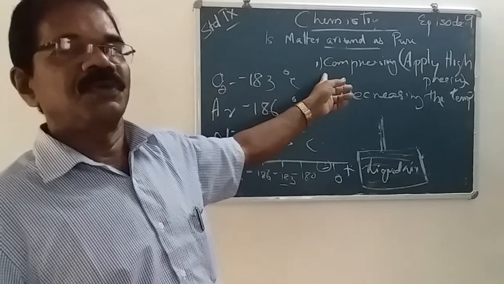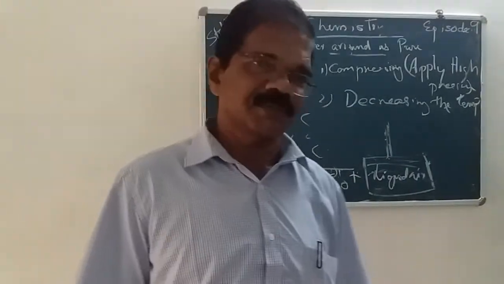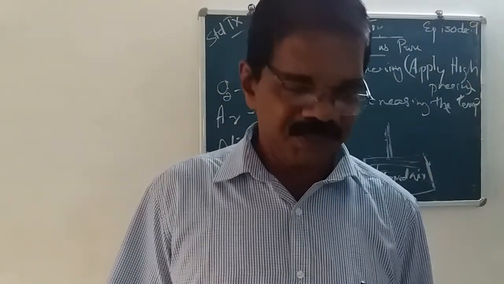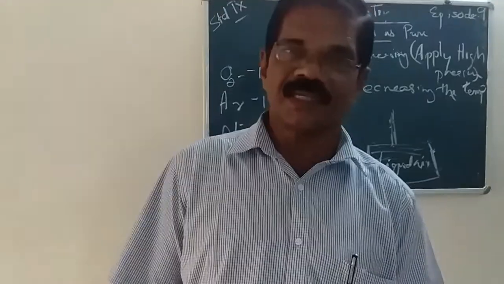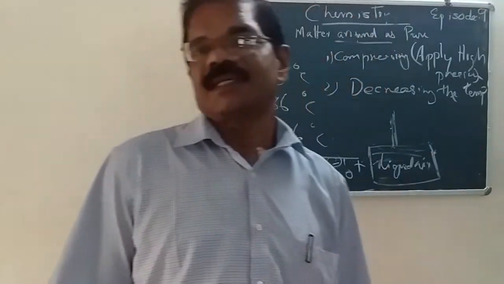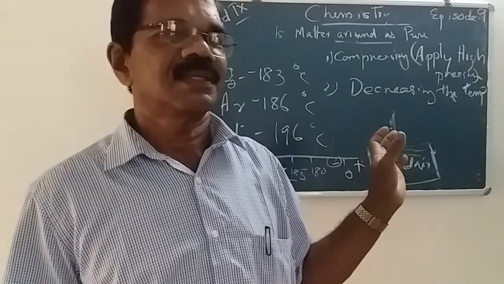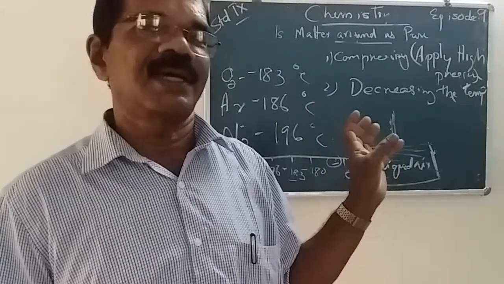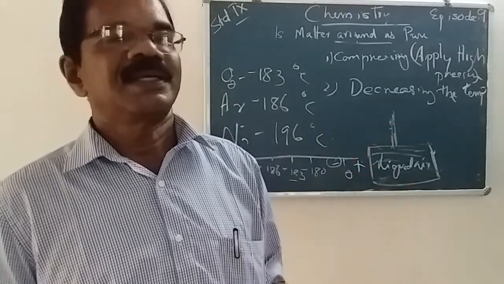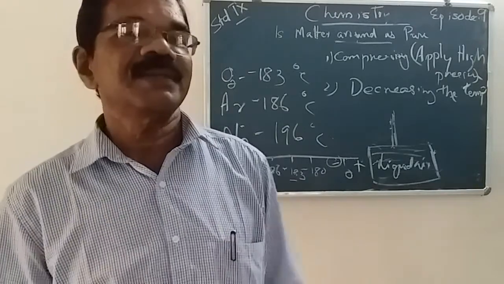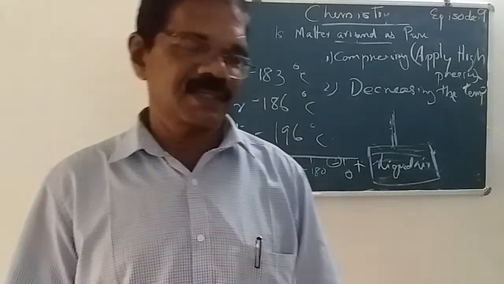So you have to learn the different techniques for the separation of the components of a mixture. We can wind up today's lesson. You must write down these techniques, examples, and the property of the component that is used for selecting that particular method. So read this passage and understand this.